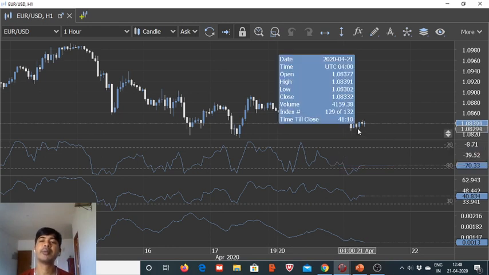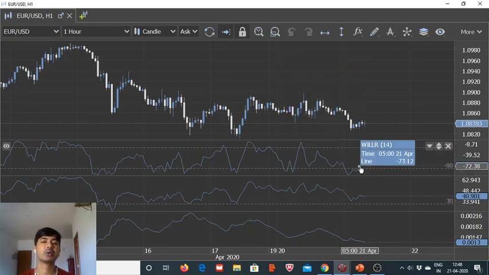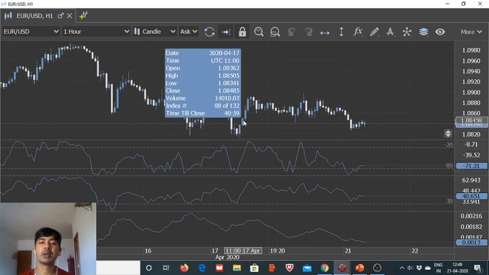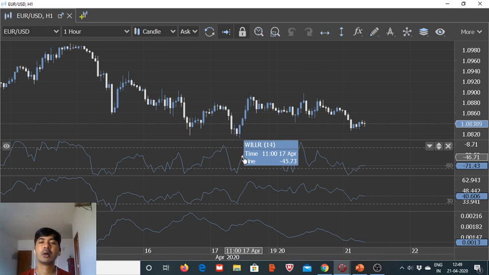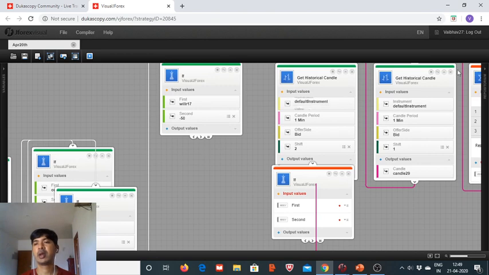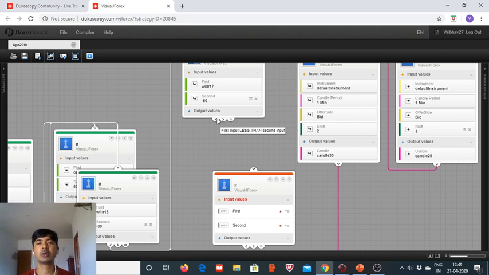Whenever the retracement starts, this value shouldn't have seen too much of a rise, and as you can see here, we will go for a buy trade as long as there is not much of a volatility and the value is still to climb above -50 levels, so it should be less. Again we take the if and we join the dots. It should be less than the second input.